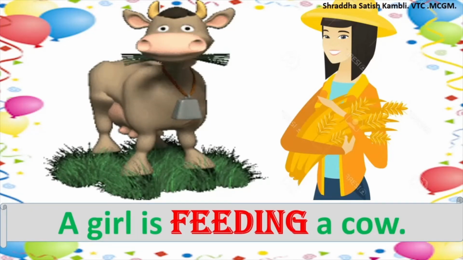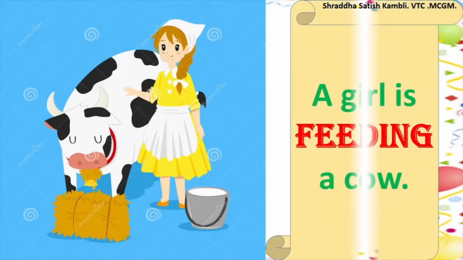Okay, next one, see. Yes, a girl is feeding a cow. So you're seeing different pictures with the same action. So you will be able to say it whenever you see such a picture in front of you. All right.